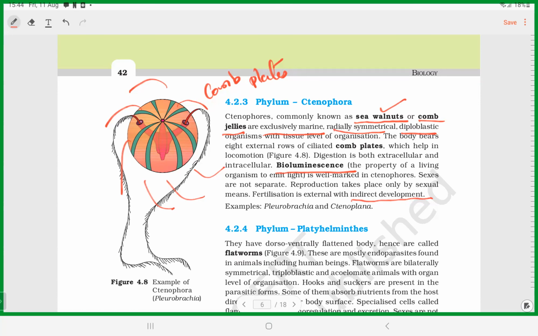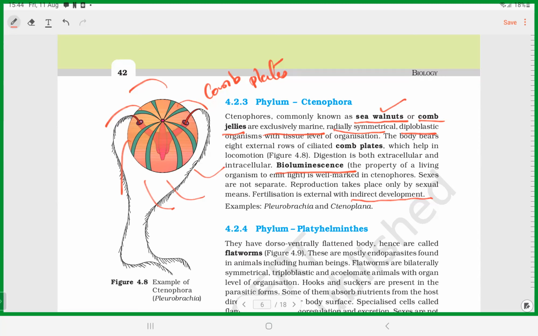Sexes are not separate, and male gametes and female gametes are produced within one single organism. That gamete has to be released out, and there it fuses with the egg and then develops into the organism.